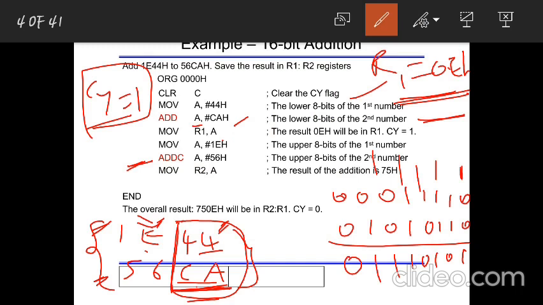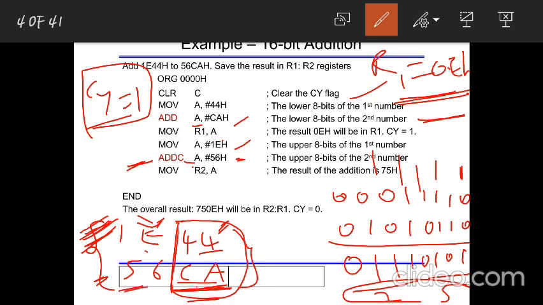So the result is, see, this is 7 and this is 5. Now this 75 is stored in A: I had MOV A, #1E, which means the higher bits of the first number. In the next addition, A already has 1E, and plus this 56 I added.